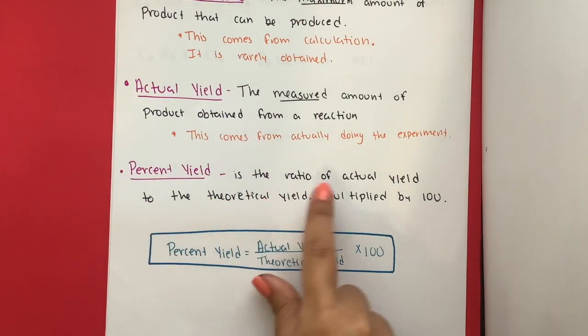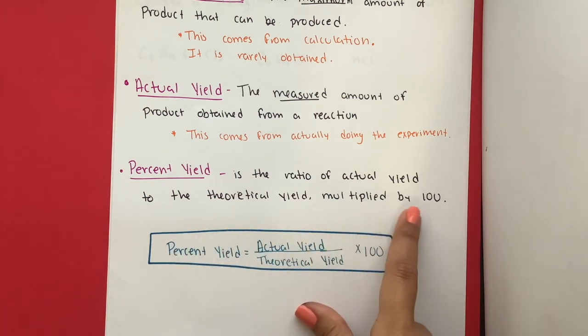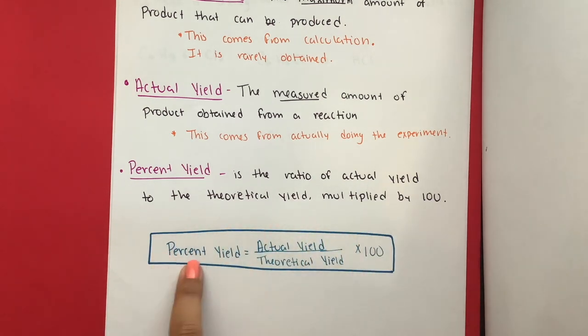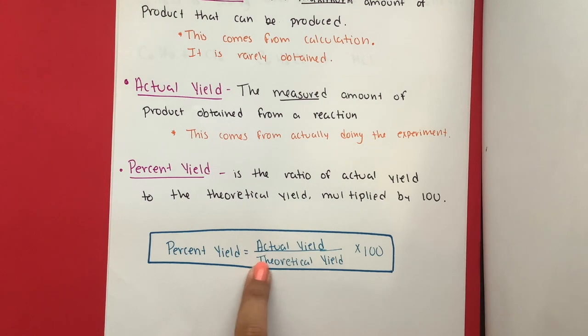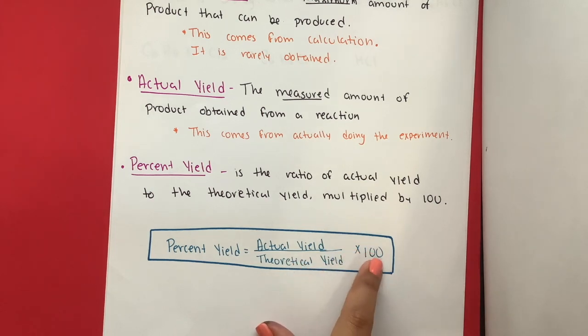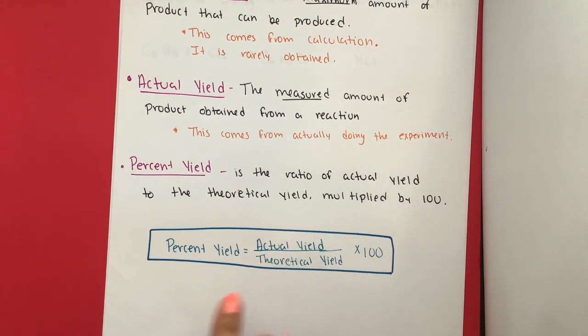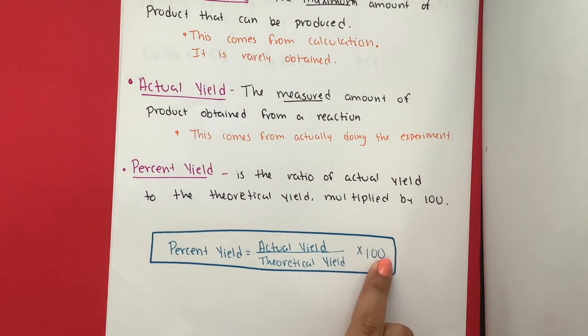Percent yield is a ratio of actual yield to the theoretical yield multiplied by 100. So percent yield is actual yield, what you got, divided by what you should have gotten, times 100. Remember that a percentage is part over whole times 100. So it's what you actually got divided by what you should have gotten according to your math, times 100.